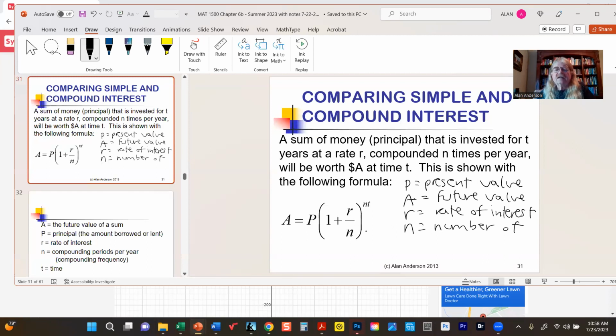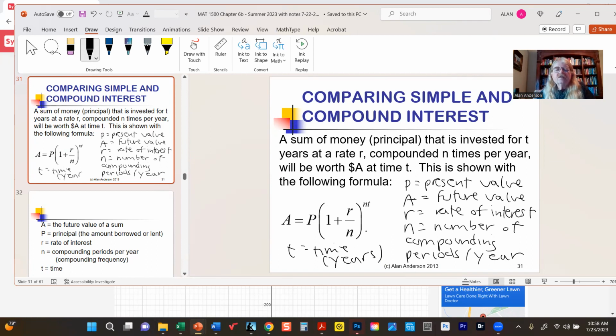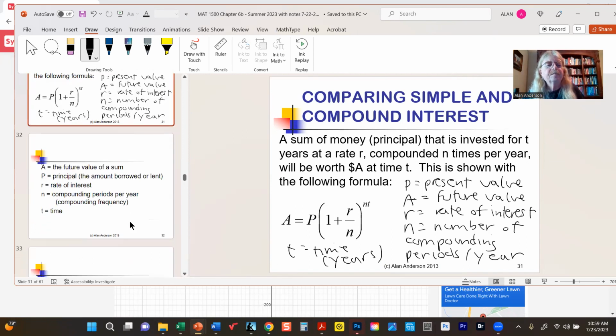And we'll get to that in a second. And then T is just the time measured in years. So given all this information, I can easily figure out how much I'll have in the bank in the future for any given investment today, based on the interest rate that I'm given, the time involved, and the compounding frequency. Let's talk about that right now.